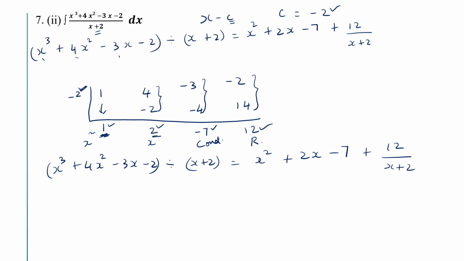You can see that these two are the same. Long division is time consuming, whereas this is less time consuming, so we can easily find the quotient and the remainder.